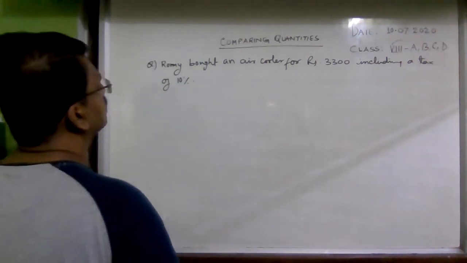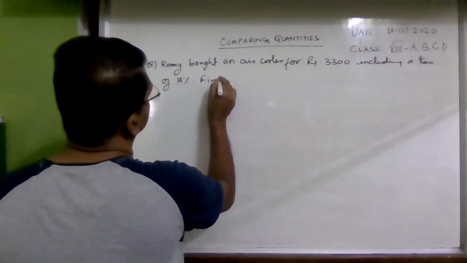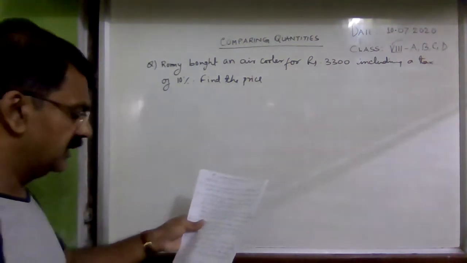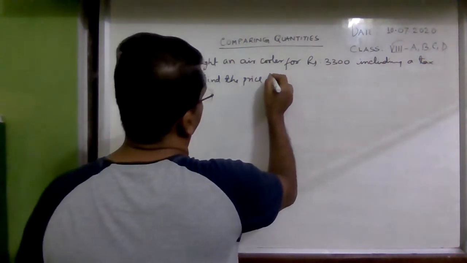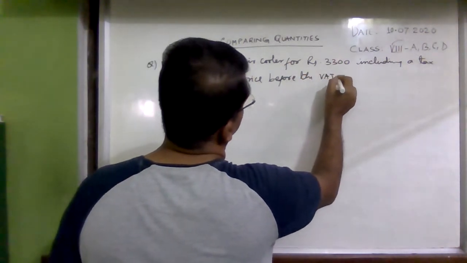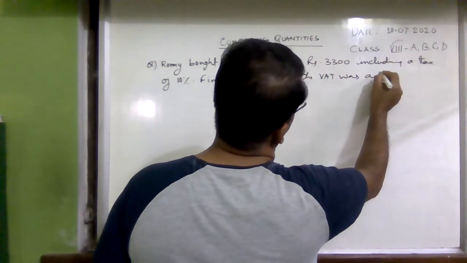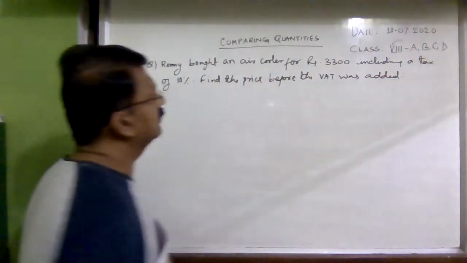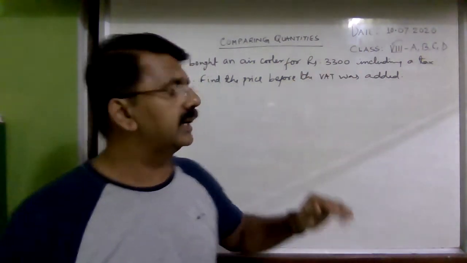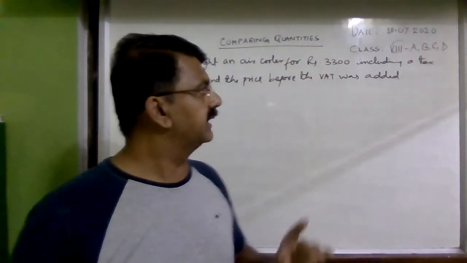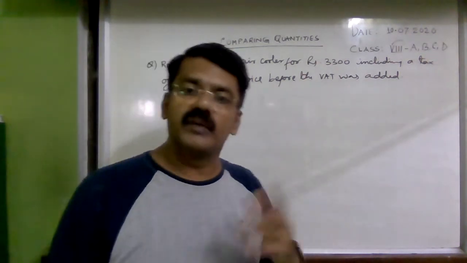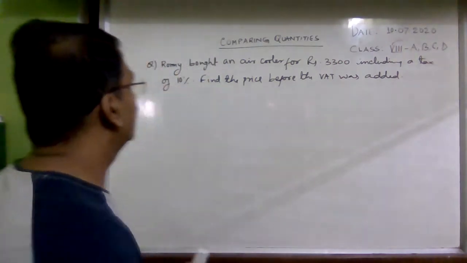Find the price before the VAT was added. That means this price 3300 includes VAT at the rate of 10%, but we have to find the price without VAT. Clear?